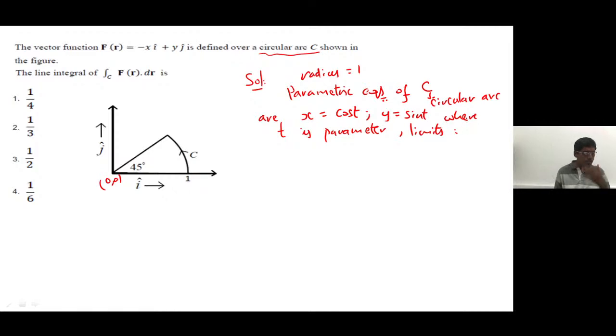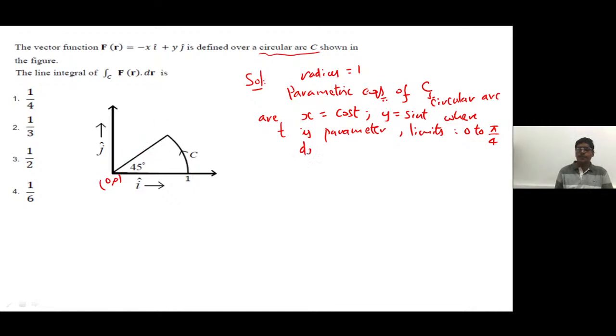Actually not required to write in this case, but the question is related to a line integral, so we are converting the Cartesian coordinates x, y into t, that's why I am writing t limits 0 to pi by 4. This is parameter t from 0 up to maximum t of pi by 4.